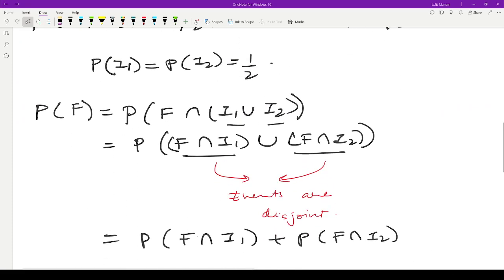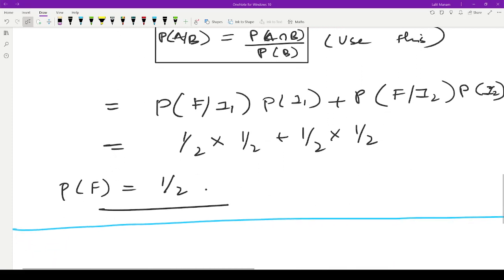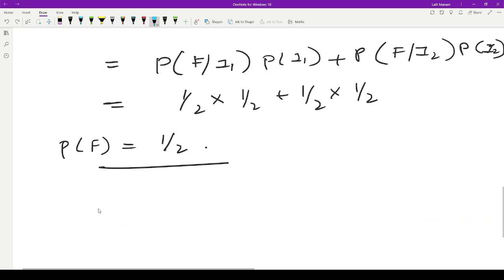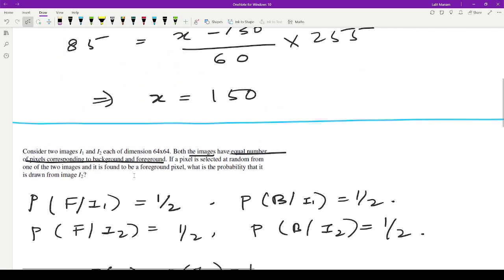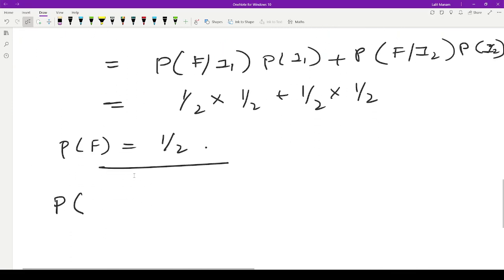So I think these calculations were not required then, I guess. Okay.